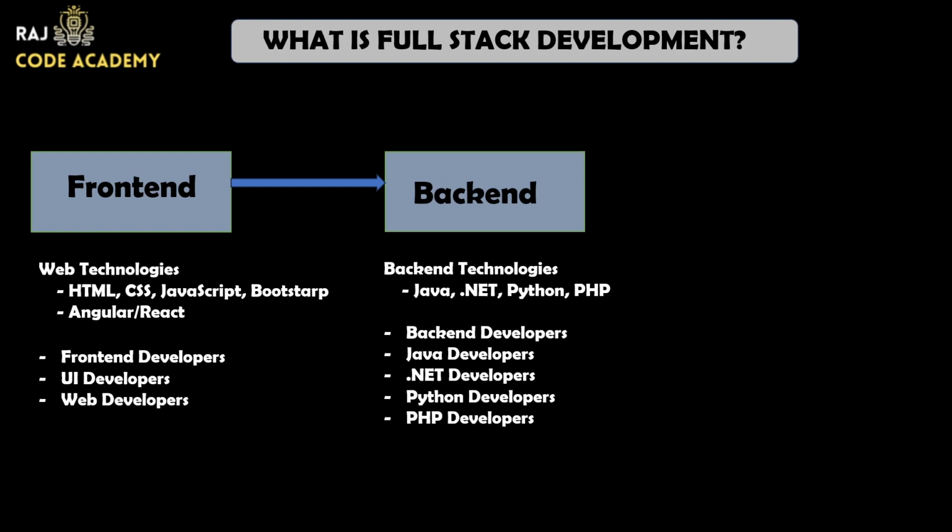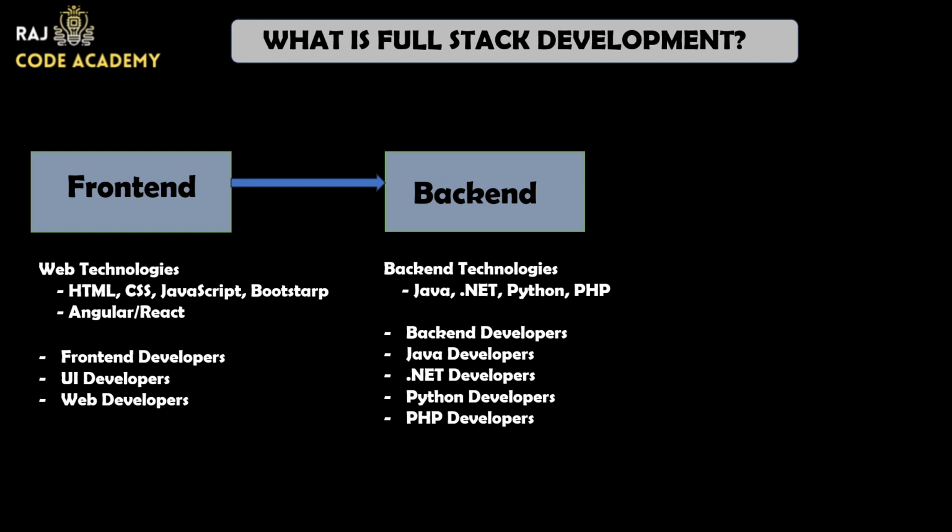We can make use of backend technologies like Java or .NET or Python or PHP. The people related to Java technology, we can call them Java developers. If they are related to .NET, .NET developers. Similarly, Python developers, PHP developers. So the people who take care of the backend, we call them backend developers.